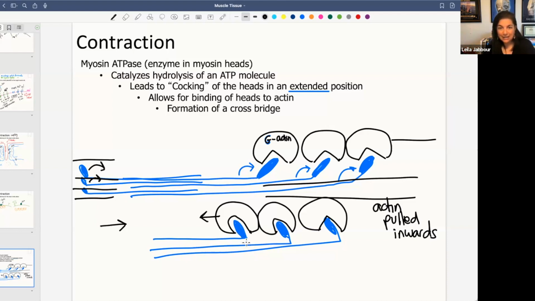I want to show you why. So once these heads come out, you see how the filament is lined up one over. So the heads are basically clipping into the next one behind. And that's how we ratchet this thin filament inwards and inwards and inwards. All right.